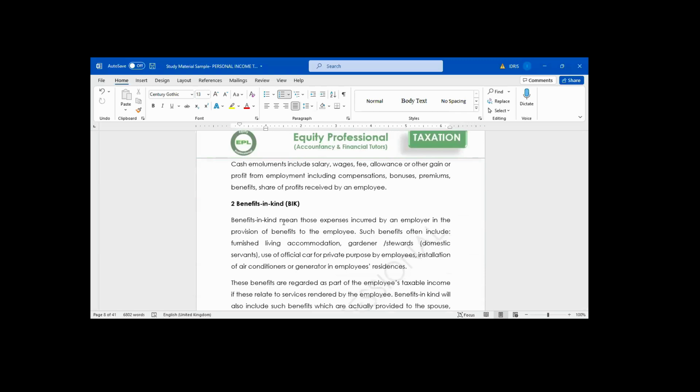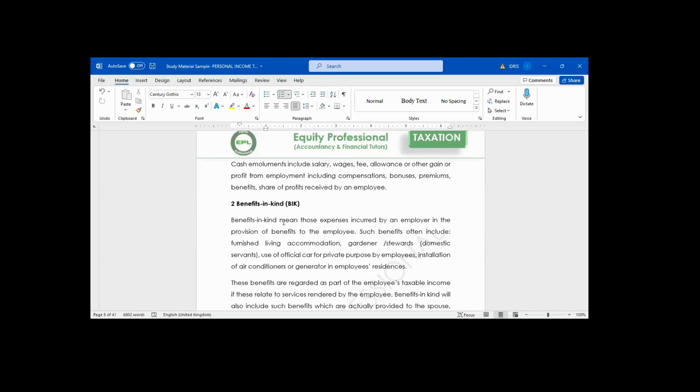What is benefit in kind? Those are the expenses incurred by who? Employer, in provision of benefit to who? To employee. The non-cash benefit received by employee from the employer is called what? Benefit in kind.